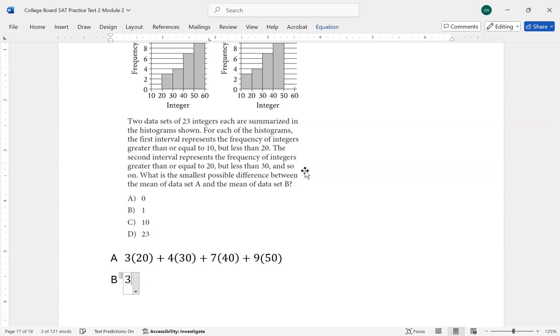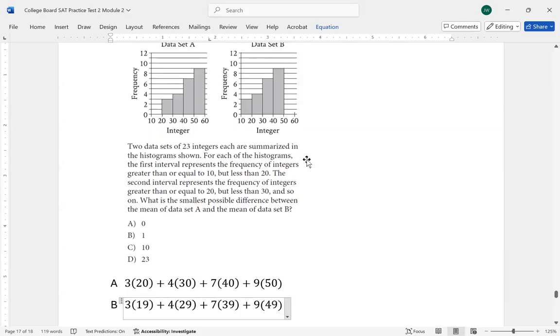So we could have 3 copies of the number 19 in our data set B, and 4 copies of the number 29, and 7 copies of the number 39, and 9 copies of the number 49. And that would give me the histogram that we get in data set B.